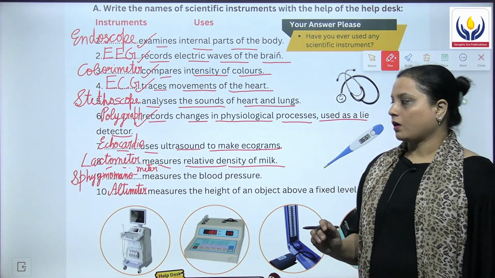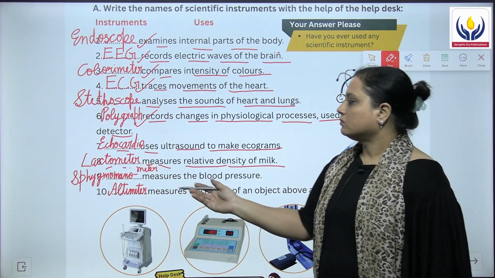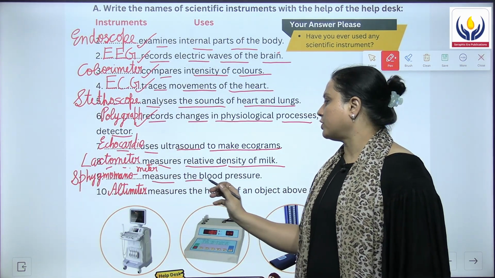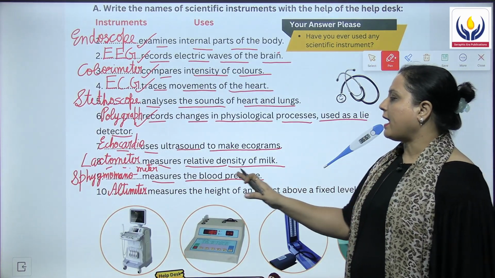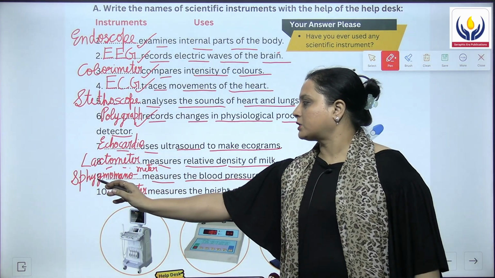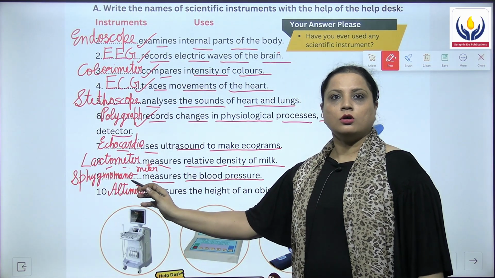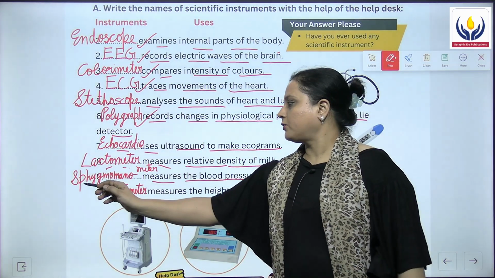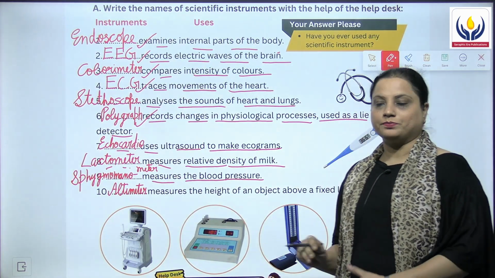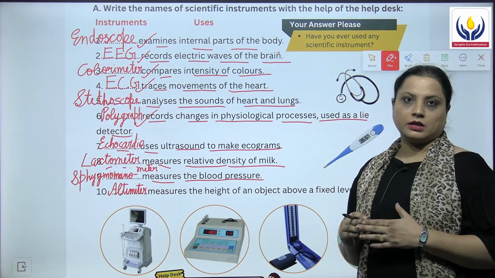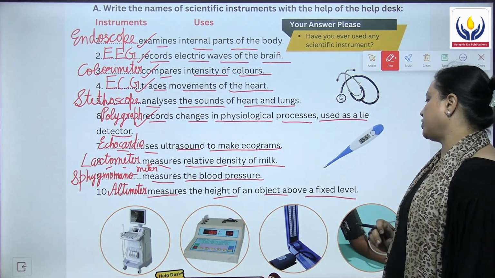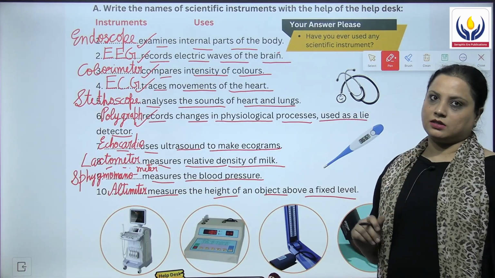lactometer. Then we have the ninth one and it says dash measures the blood pressure and the answer for this is sphygmomanometer. I repeat, it is pronounced as sphygmomanometer. 10th is dash measures the height of an object above a fixed level.